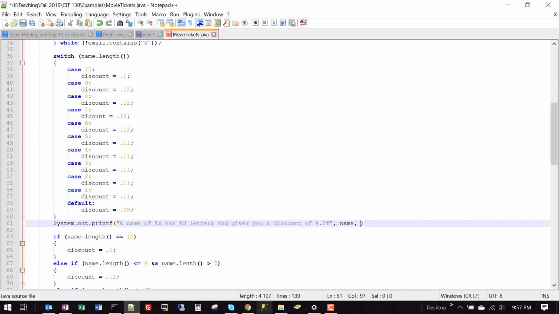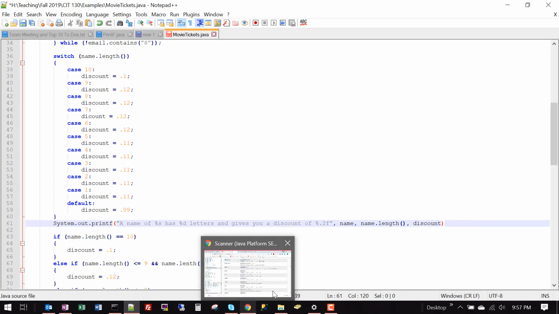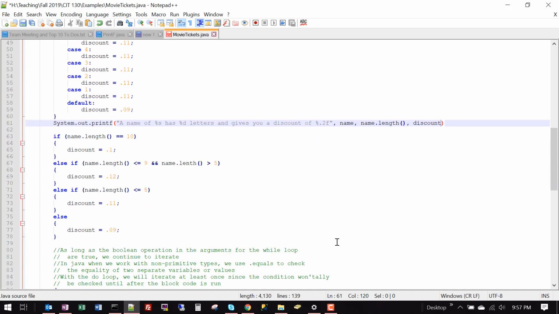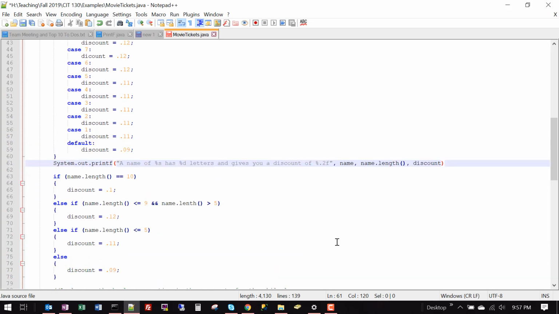%s, which stands for string, can be the name. The length of name is name.length. We can call that method as many times as we want, and it will return the integer value. And then here we put discount. We've already talked about what the 0.2f means. It'll give us 2 places past the decimal point as our discount. That way we can just see that that's going to work.